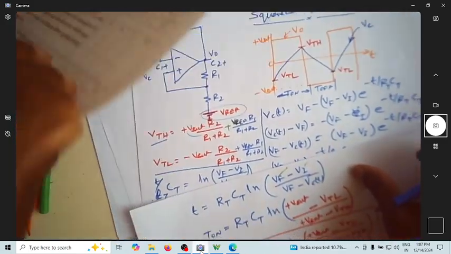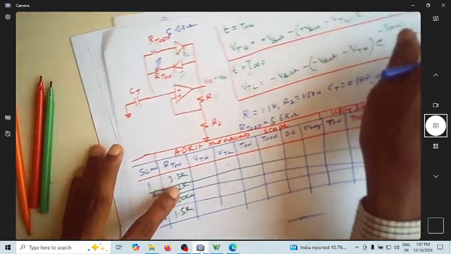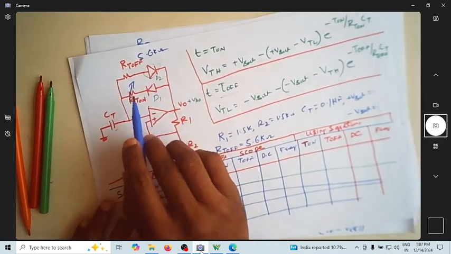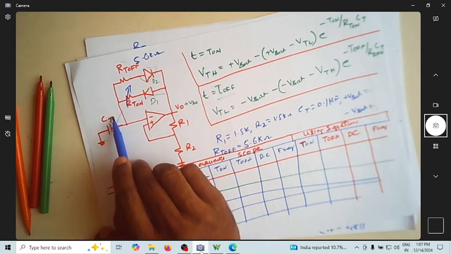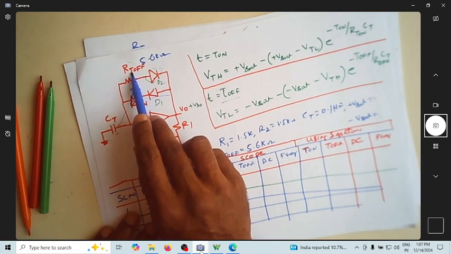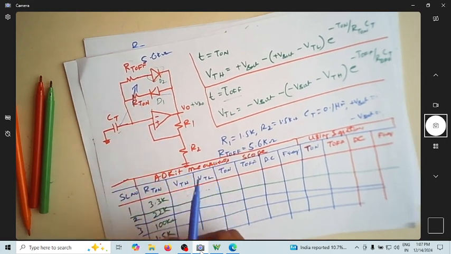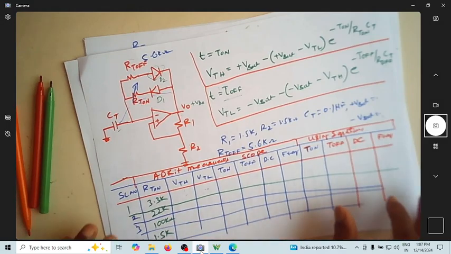Do you remember? We provided two different paths for the capacitor: during the positive cycle it charged one way, and during the negative cycle it discharged another way. By having different values of RT on and RT off, you could get different duty cycles, from 16% to 90%.